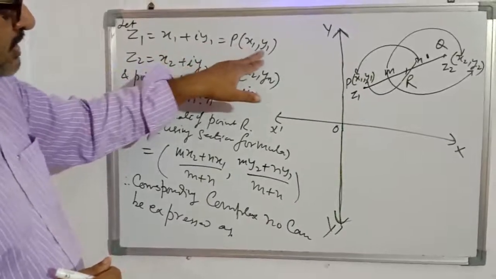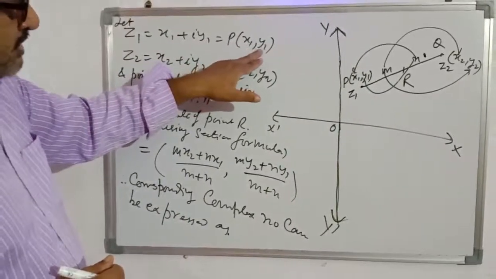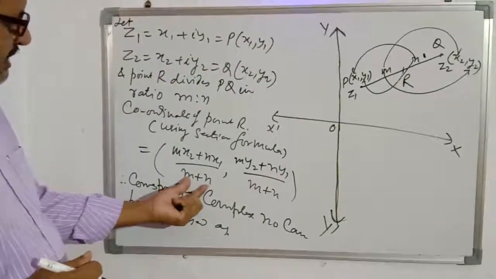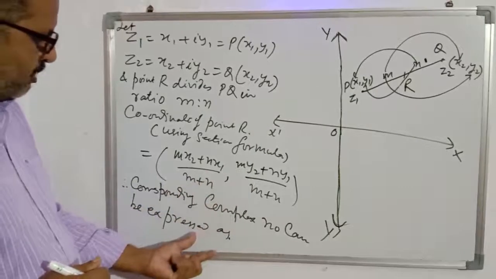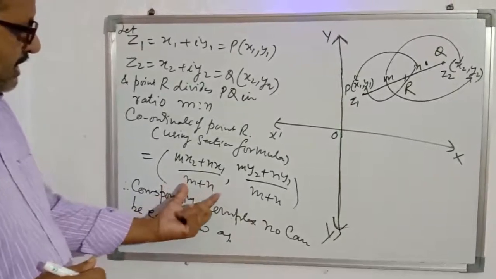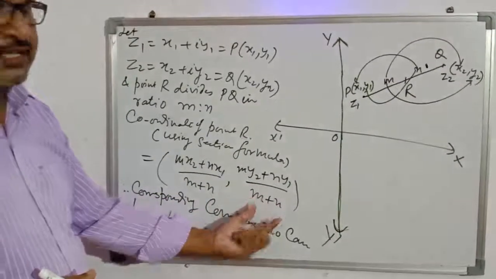This is the real part, this is the imaginary part, so we have to use i with y1. Similarly, when we express this in the form of a complex number, we write the real part plus i into the imaginary part.